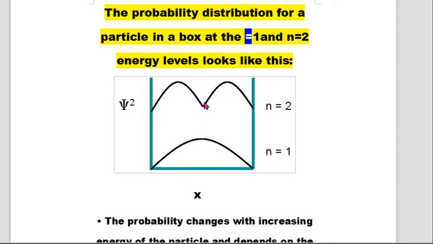Such a point we call a node. So for n equals 2 we have a node.